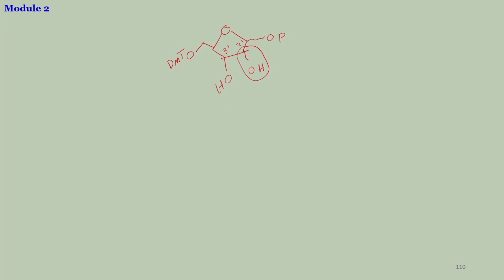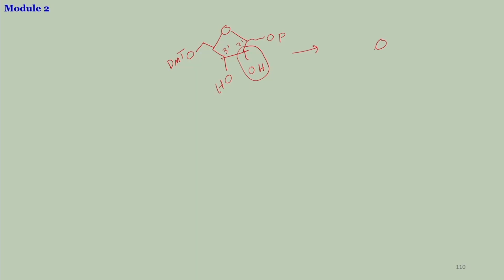There are a few ways to do the selective protection of the 2 prime position. I am writing P1 for one kind of protection, and I am keeping the DMT on. So our target is protecting this with P2 and keeping this free. So that is our target molecule now.